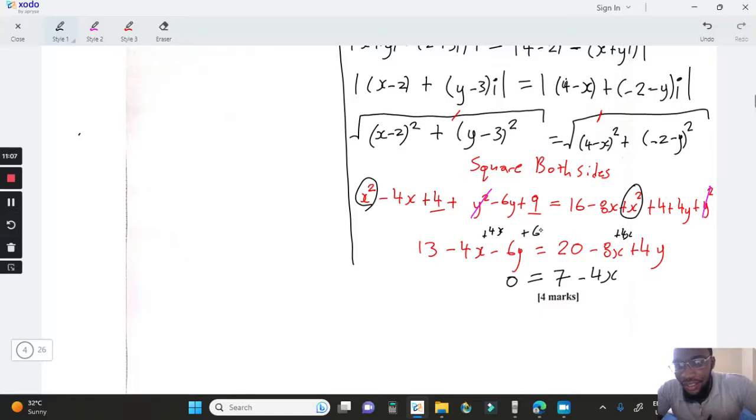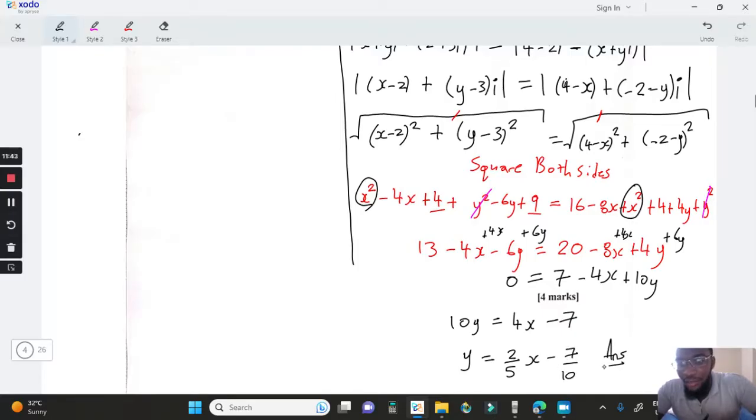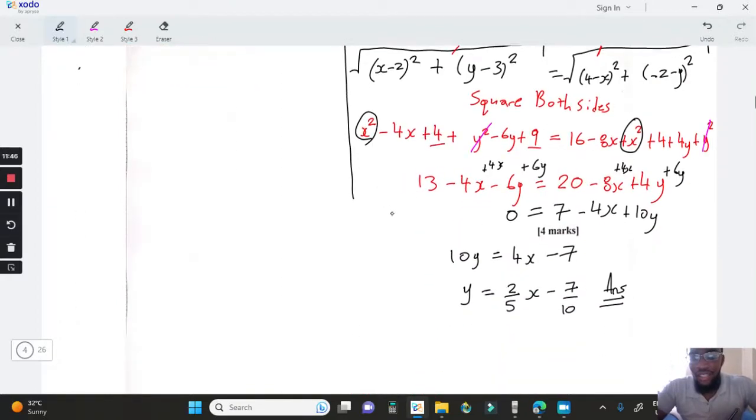Then I add 6y to both sides and I will have 10y. So this is really saying 10y is equal to 4x minus 7. I brought over the 4x and the 7. Divide through by 10. So y is equal to 2 over 5 x minus 7 over 10. And this would be your Cartesian equation of the locus.